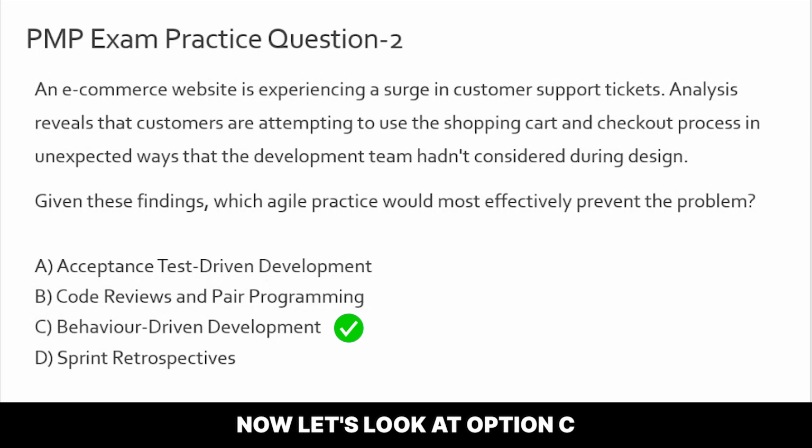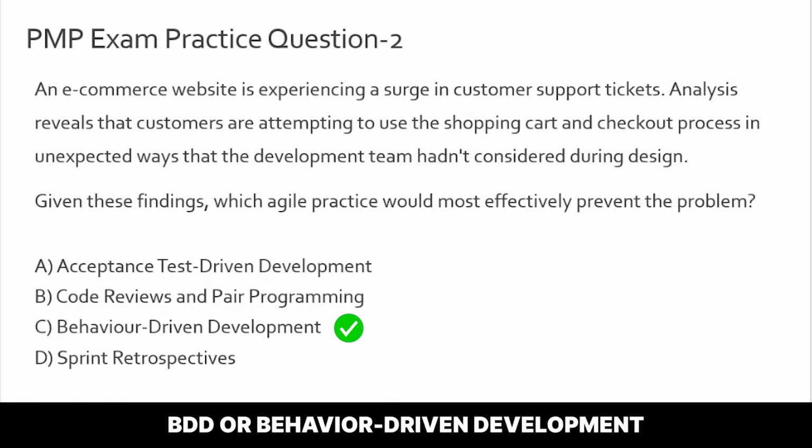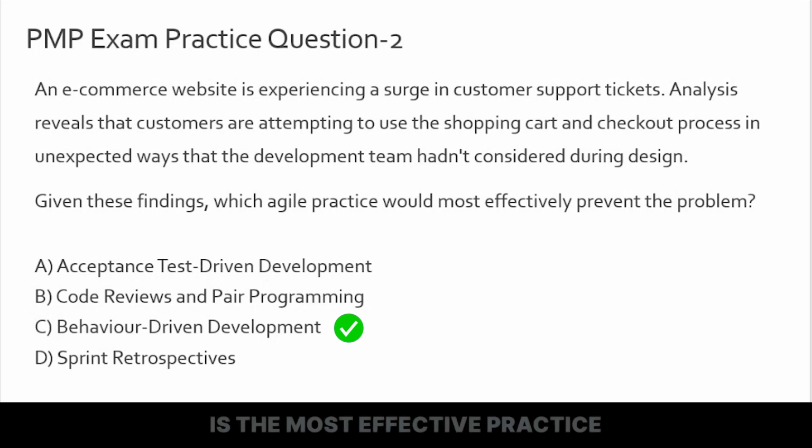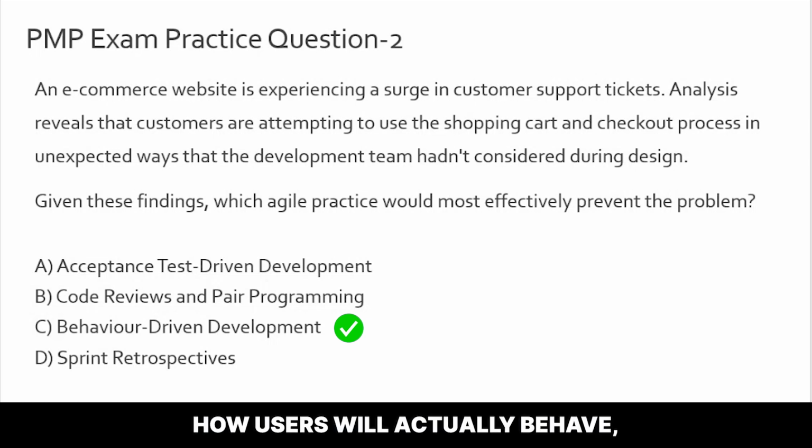Now let's look at option C, because this is the correct answer, guys. Okay, so in this scenario, BDD, or behavior driven development, is the most effective practice because this fundamentally changes how we approach the development process. Okay, instead of just focusing on what the software should do functionally, BDD forces us to think about how users will actually behave.